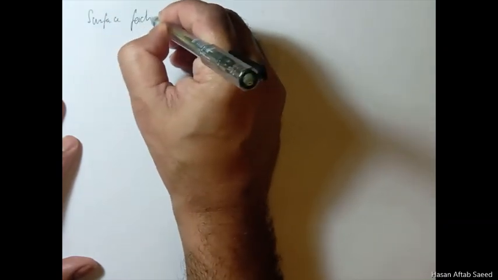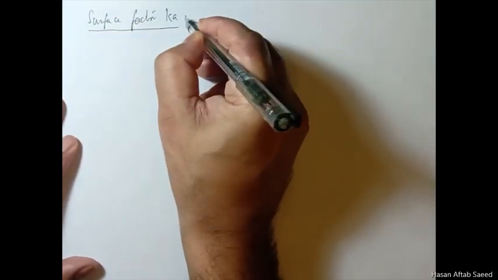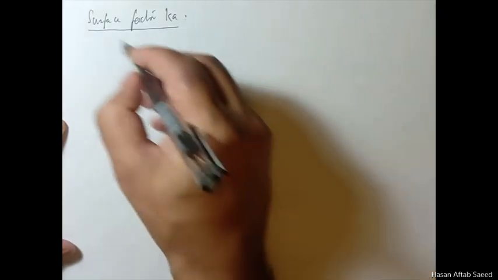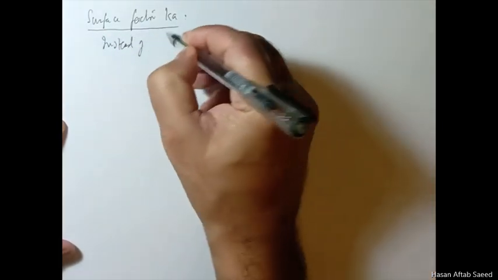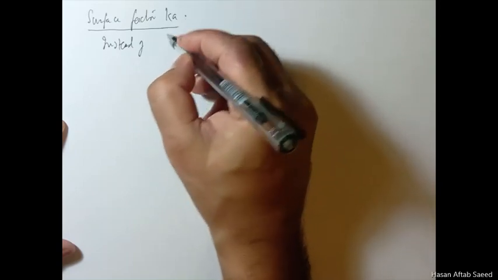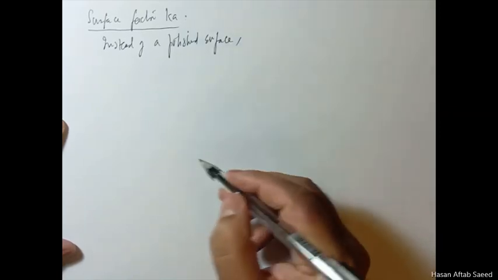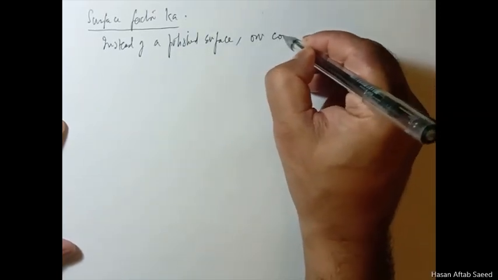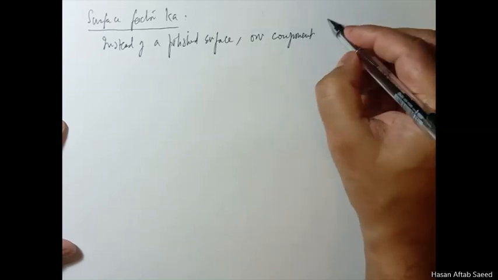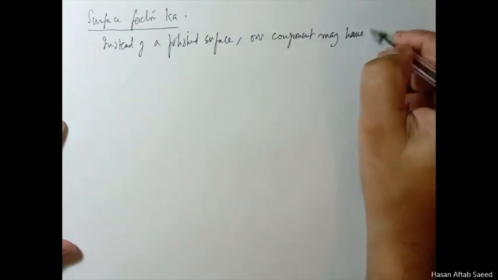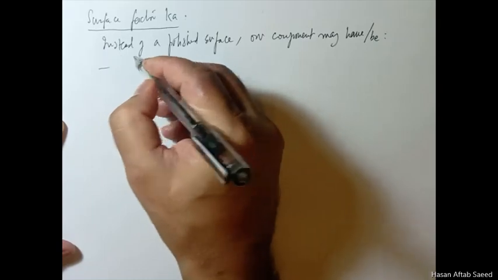To start with, we start with the surface factor Ka. Instead of a polished surface, our component may have a machined surface.